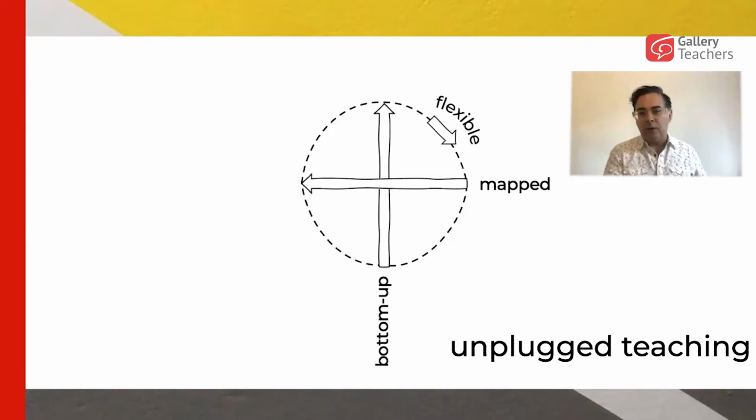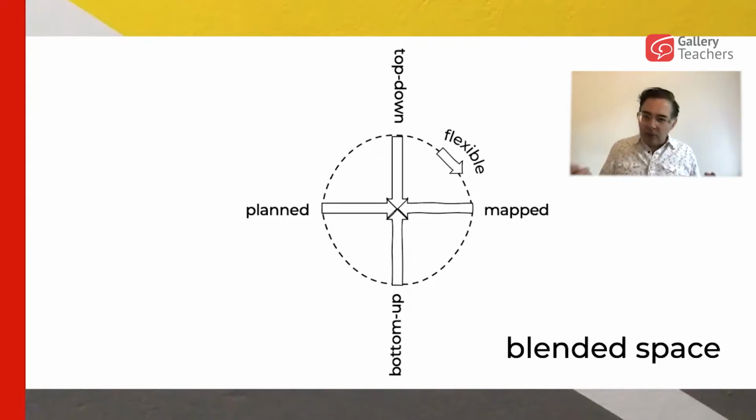But I think if you really want to pursue this idea, then you need to think how you can make moments into experiences and how you can build those experiences into every lesson. And like everything else, the more you do it, the easier it gets. So those are two models of two different kinds of teaching, a linear approach and a non-linear or unplugged approach.